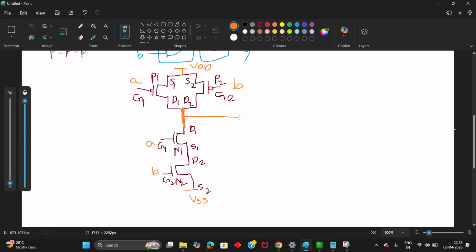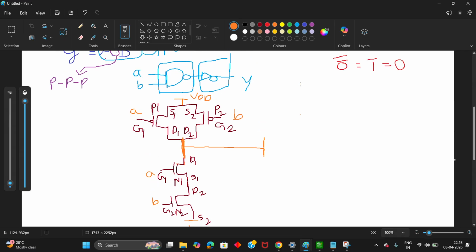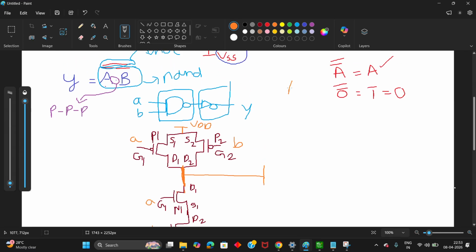Now we are going to take this output and connect it to the inverter. How is the inverter made? The inverter expression is A bar. For example, if I assume the output of the NAND is some X, then we need X bar.